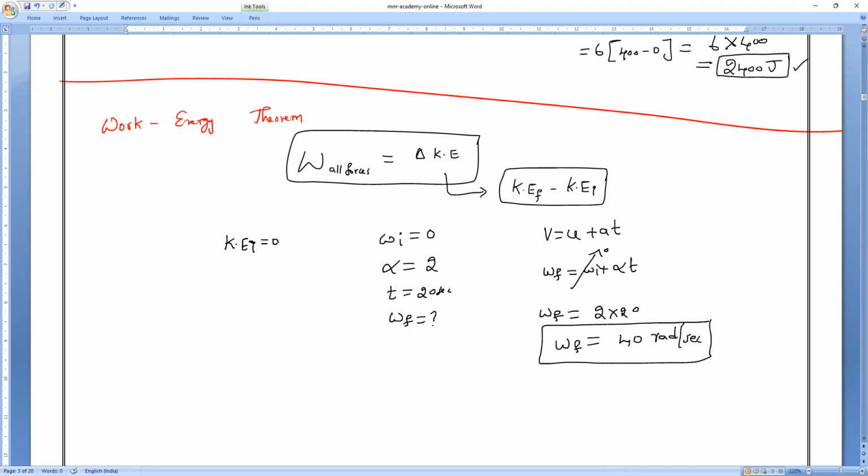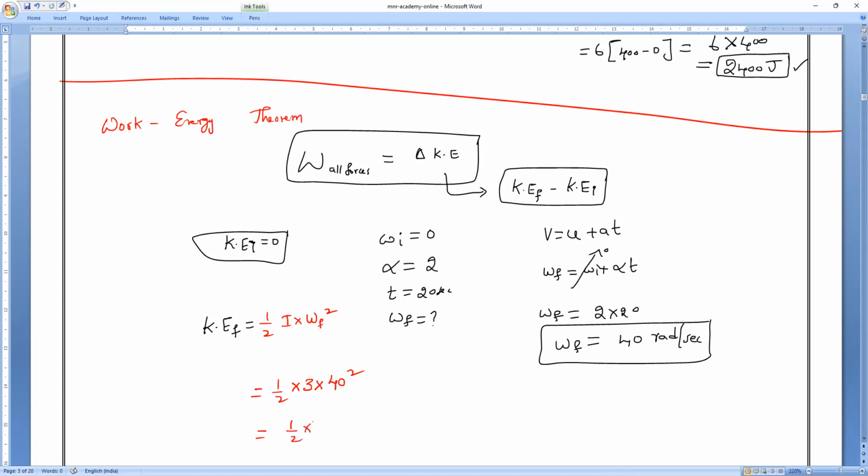So initial kinetic energy is 0, and we want the final kinetic energy. The kinetic energy formula is half into I into omega square, so the final kinetic energy is half into I into omega f square. The I value given in the question is 3, and the final angular velocity is 40.